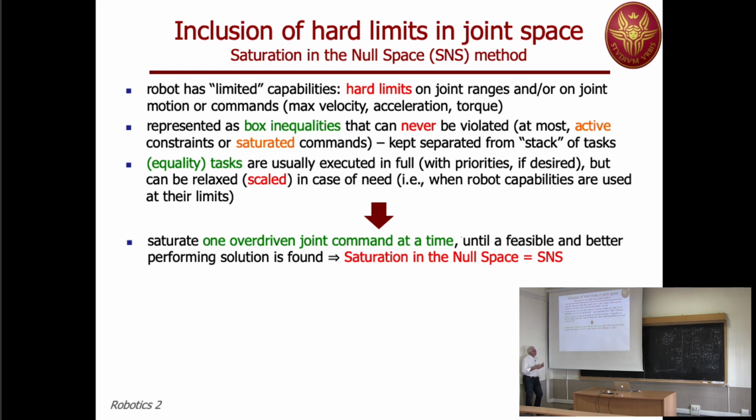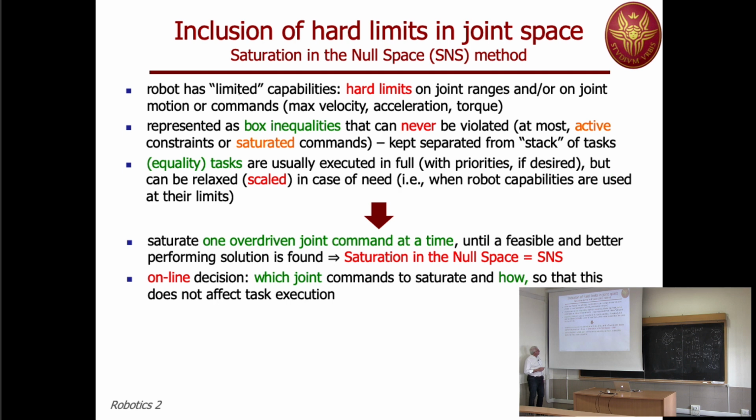Okay, so we will have a saturation, and we will see that removing joint velocities that saturate is equivalent to putting something in the null space of the original task, or of the modified task, once you see the contribution of the saturated joint velocities to the original task. And that will be more clear when we write down the equations.